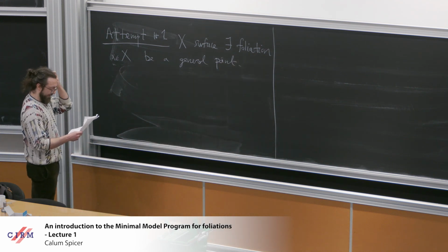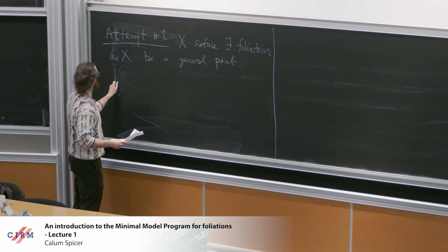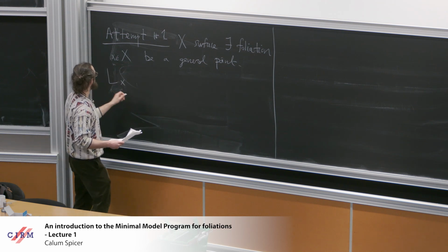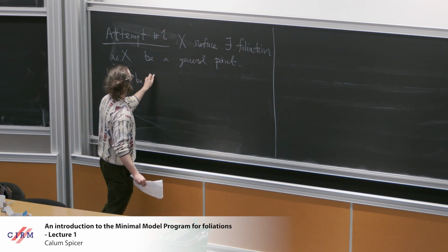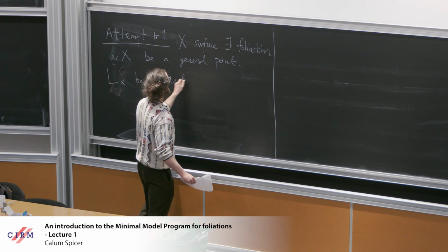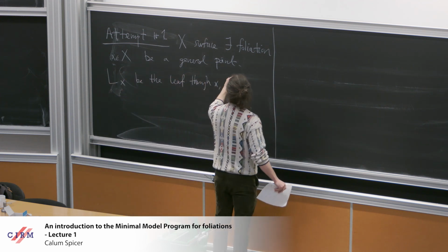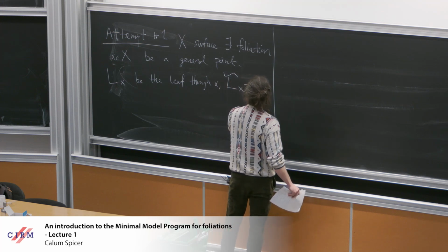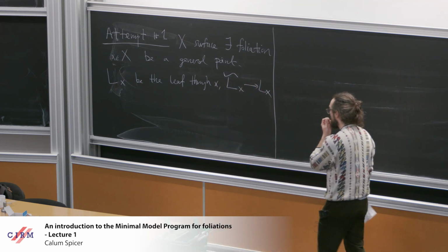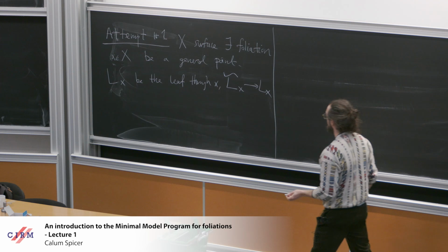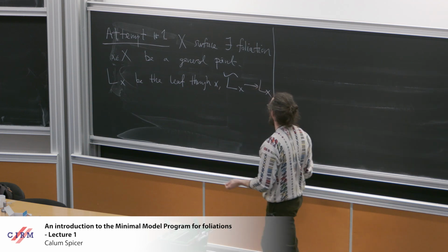What I could ask is, I can let L(x) be the leaf through x, and I can consider its universal cover. The leaf L(x) is abstractly just a complex curve.